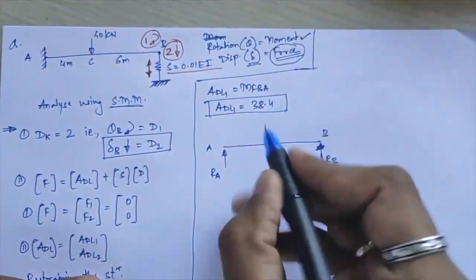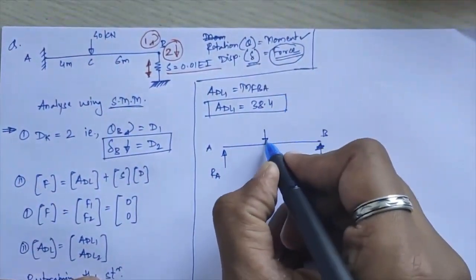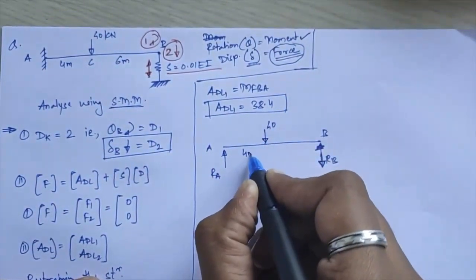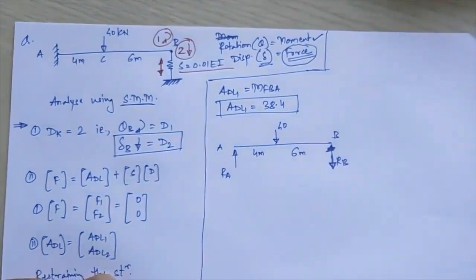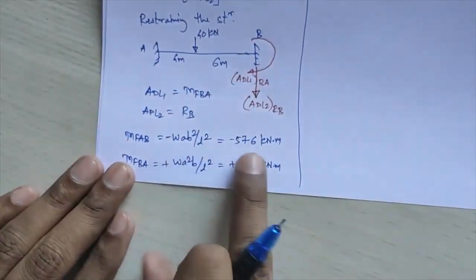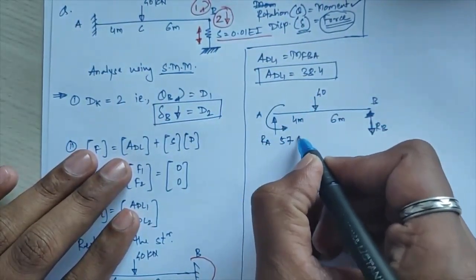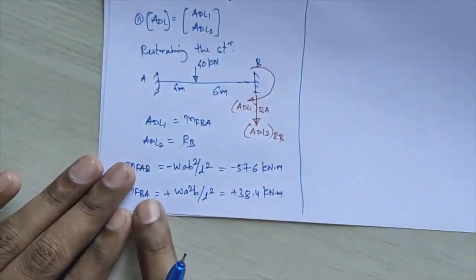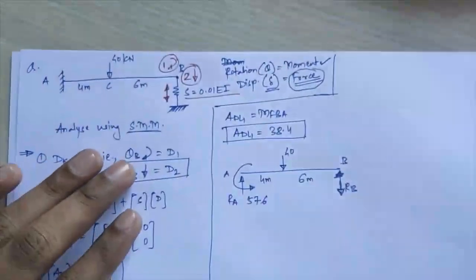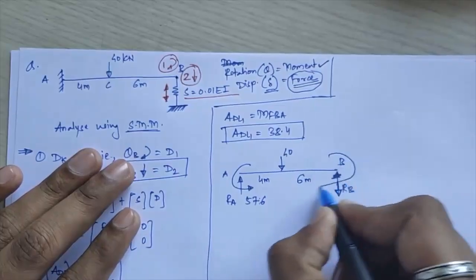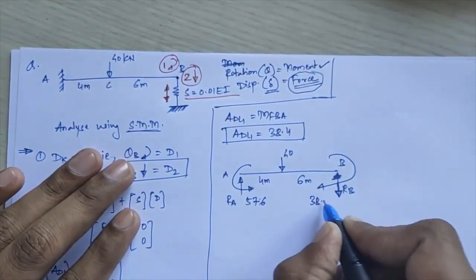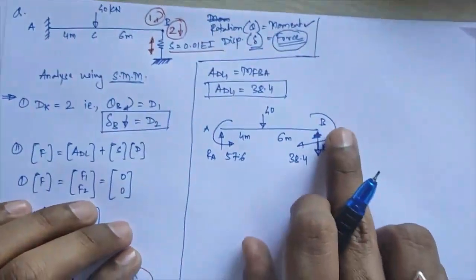Next here the loading is given to you, that is 40 at distance 4 meter and 6 meter. Along with that you are having the friction moments here. So this friction moment is minus 57.6, minus it is, so it will be anti-clockwise in nature. And MFBA I am getting as plus 38.4, so that will be clockwise in nature. So I have to calculate the value of RB here.